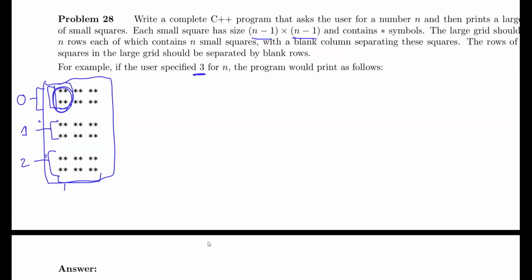Okay, so when you see this inner loop, this is 2 by 2, which is 2 times 2. But when you see this column, you need to print 1, 2, 3, 4, 5, 6.